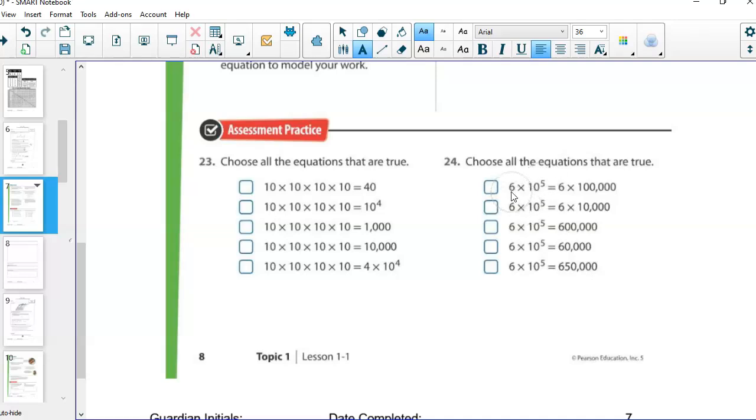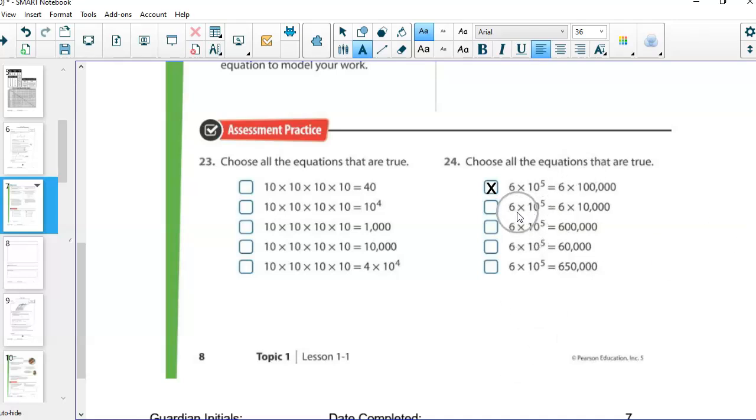Okay, so that's us taking 6 and multiplying it by a number that either has 5 zeros, a 1 with 5 zeros, or it's going to be us taking 6 times 10 5 times. So we want to look at this and see, do we have 6 times a 1 with 5 zeros? 1, 2, 3, 4, 5. Yes, we do. So this one we can fill in either with an X, or you can fill it in all the way.